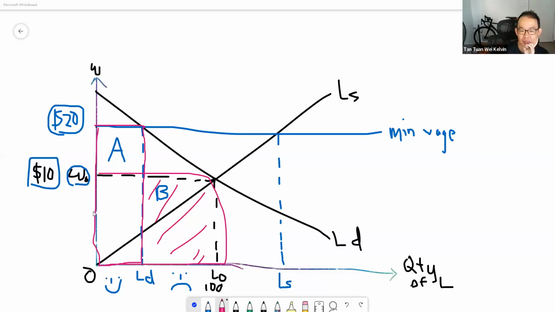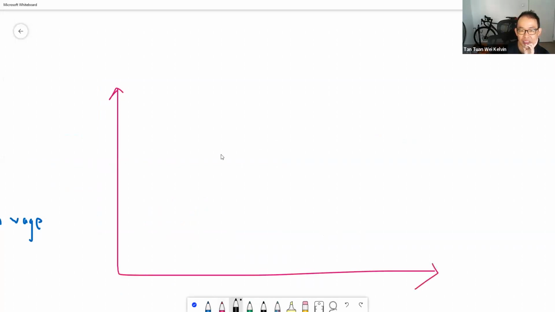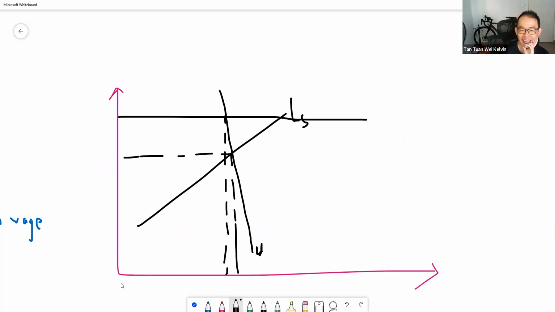If you draw a very steep demand curve with a conventional slope, it's possible that this additional wage expenditure will be bigger than this. So maybe that's how the answer came to this conclusion.